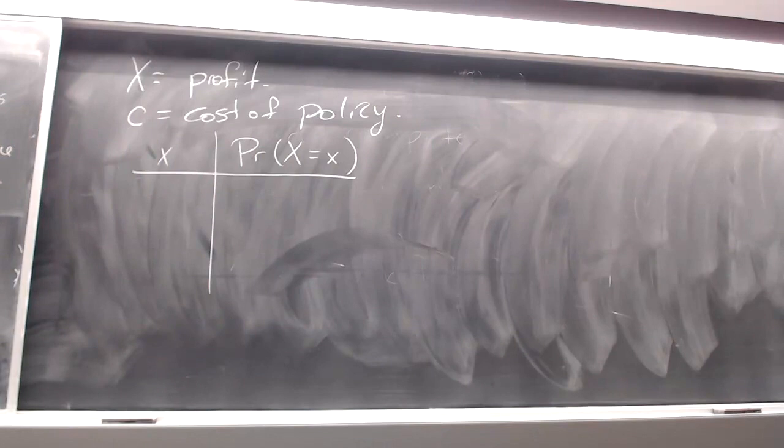So there's two outcomes, right? Either this person dies in the next year or they don't. There's only two possibilities. If they don't die, then what's the profit?